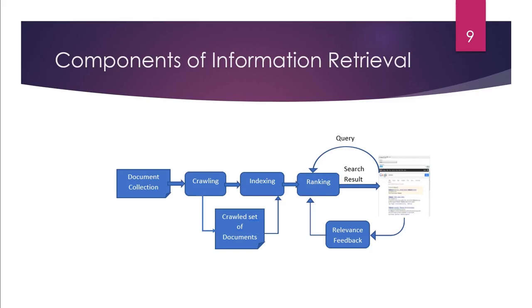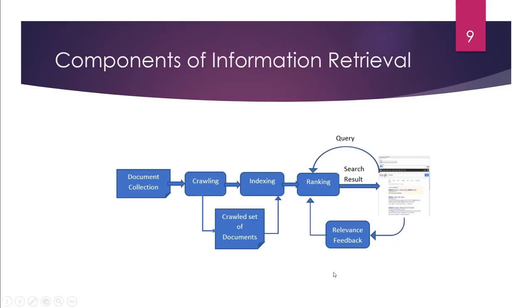The next most similar document will be given a rank as 2. Based on these ranks, it will be displayed to the user in this sequence. That is, the most ranked document, that is rank 1, will be displayed first, rank 2 will be displayed second. So, based on the similarity, it is being ranked and then it is being displayed to the user based on the search query entered by the user. This is called as ranking.